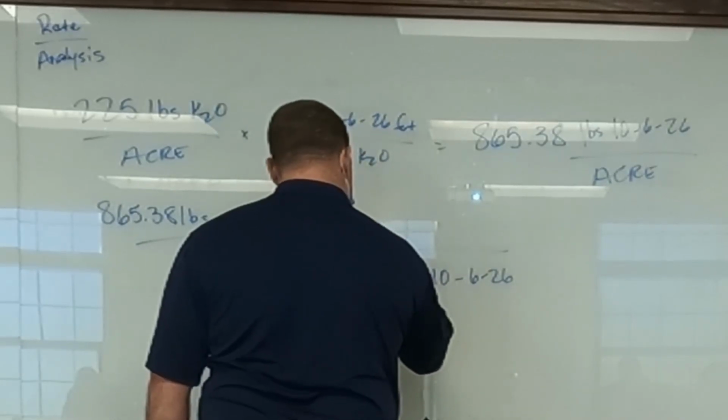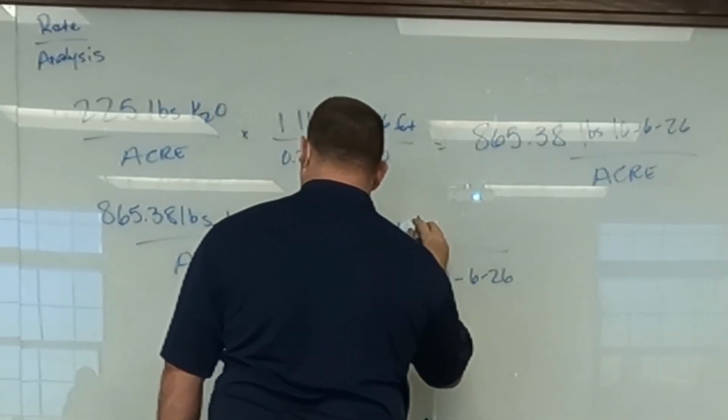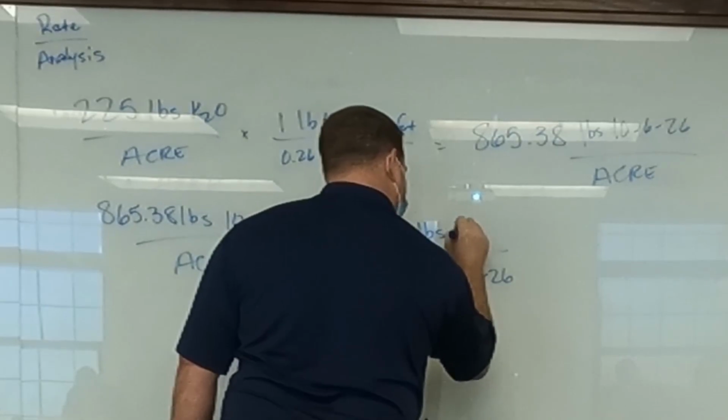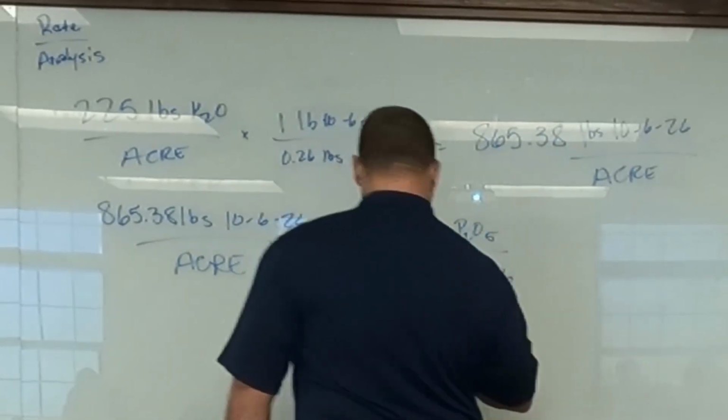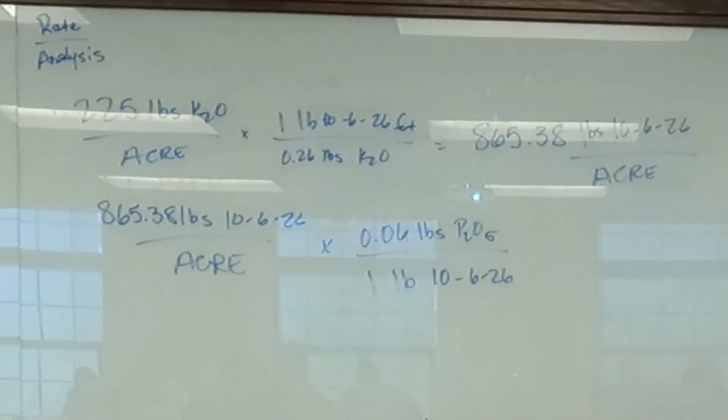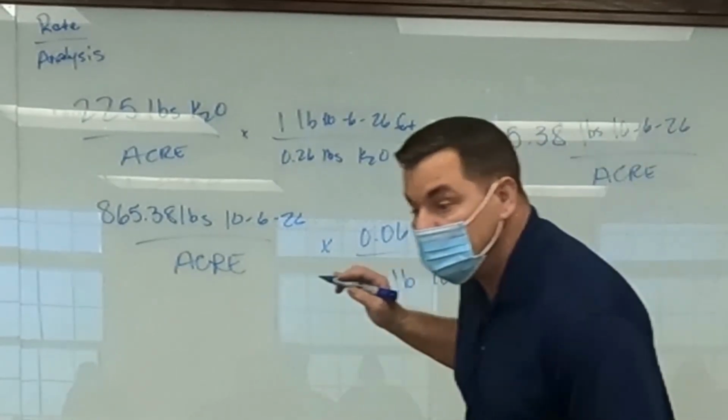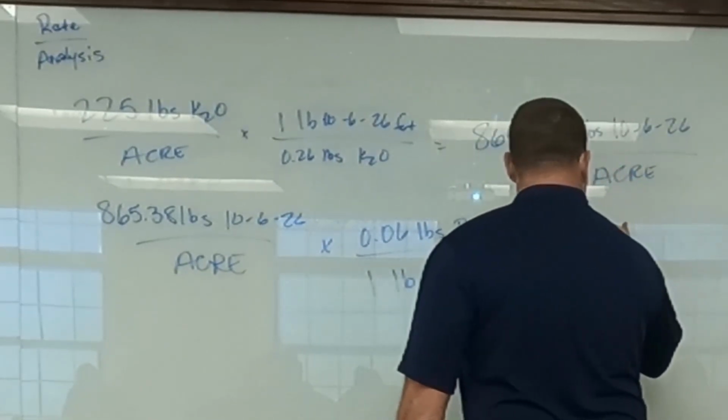And there are 0.06 pounds of P2O5 in 1 pound of 10-6-26.